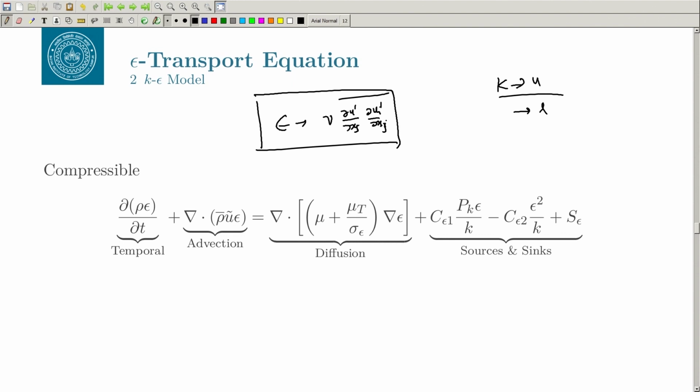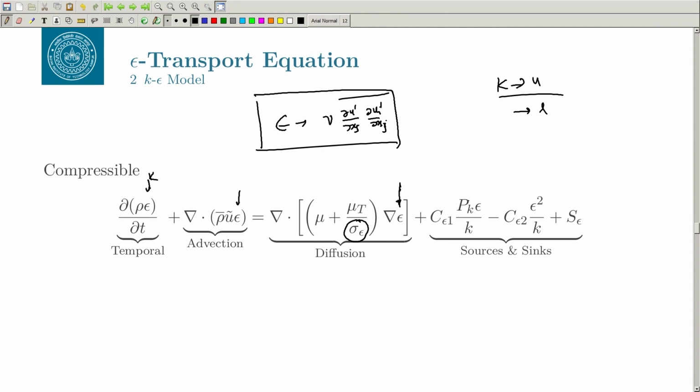Because we cannot derive from first principles, we will follow the same pattern as we had for the turbulence kinetic energy. So we will have the temporal term, where we replace the k with epsilon. We have the advection term, replace the k with epsilon. And then we will use a different coefficient here, sigma epsilon. And this is your diffusion of the dissipation rate.